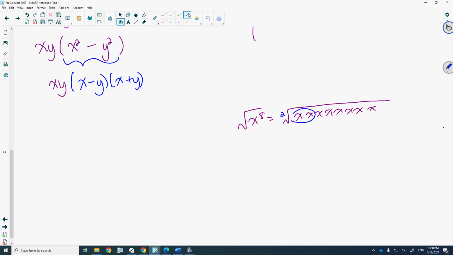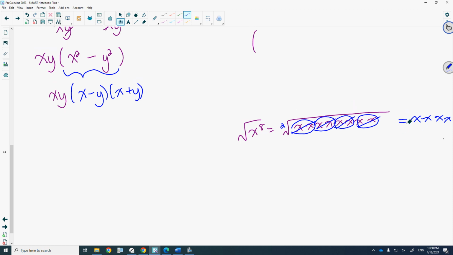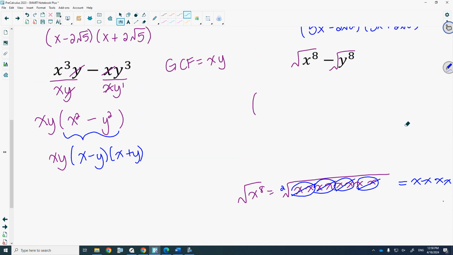So I'm going to circle my pairs. And for each pair, you're going to cross it out, and you would take out an x. So I take out another x, and another x. So the square root of x to the 8 is x to the 4. Square root of y to the 8 is y to the 4.